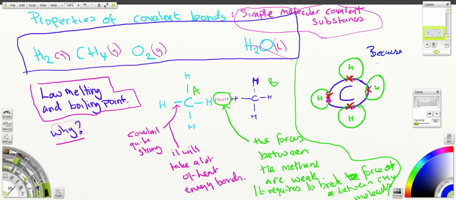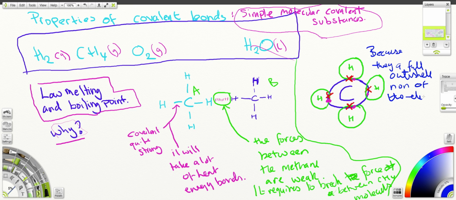Because they have a full outer shell, none of the electrons are free to move. And of course, you should know that the movement of electrons is what causes electricity. So if none of the electrons are free to move, they cannot conduct electricity.